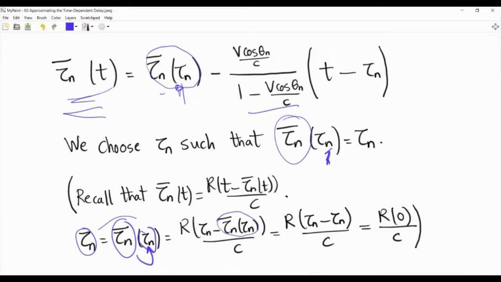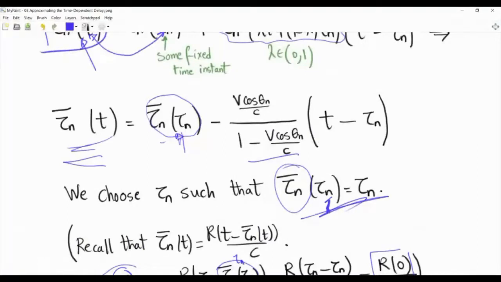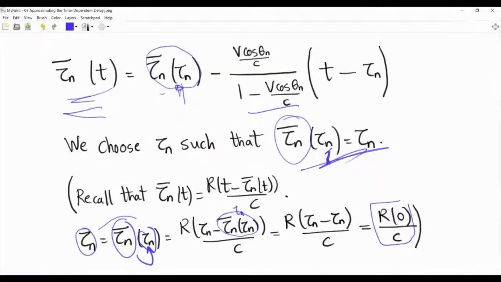By design, we want these two things to be the same. And so this will be r of tau n minus tau m, which is r of 0 over c. So in fact there is a tau n that gives you this, which is the initial distance divided by c. The most important thing is that we will have a constant here to match this constant there, which will make the following mathematics nicer.